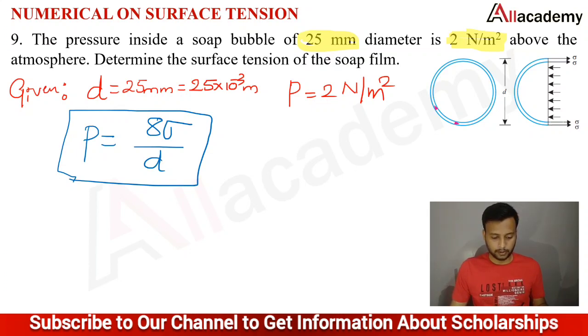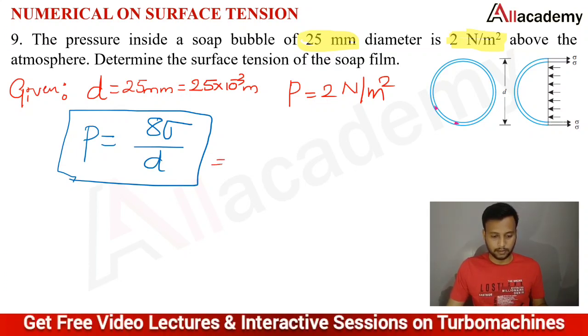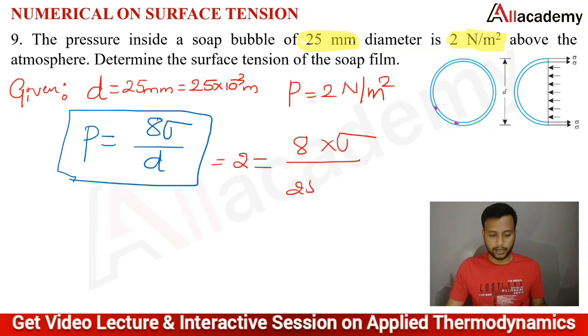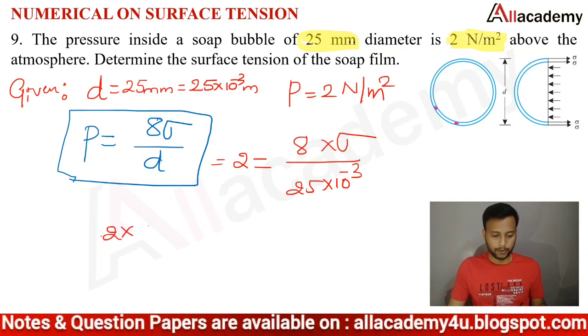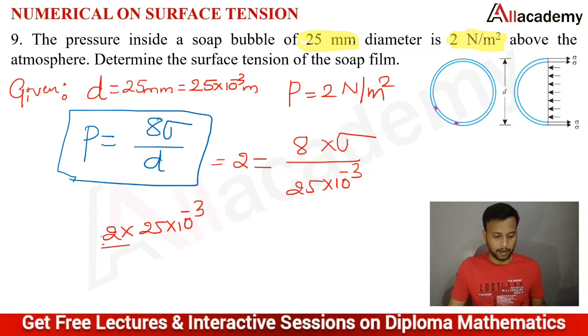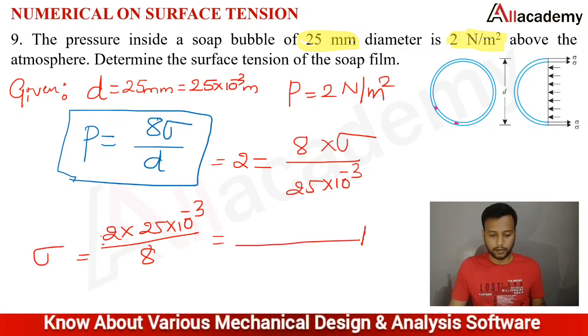P is given 2 is equal to 8 into sigma divided by 25 into 10 raised to minus 3. If you simplify this, you will get 2 into 25 into 10 raised to minus 3 divided by 8, you will get sigma. Whatever sigma value you get will be in Newton per meter.